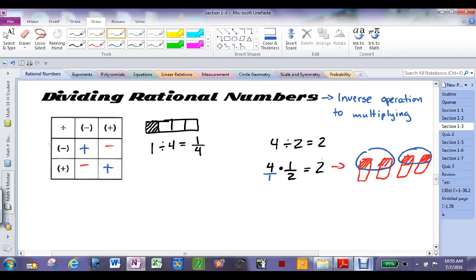Cool? Cool. All right. Now look at this. How should this 4 really be written? 4 over 1. How should this 2 really be written? 2 over 1. What do you notice? I have a 2 and I have a 1, but they've flipped over, yes? Yes. But I get the same answer. Does everyone see that?